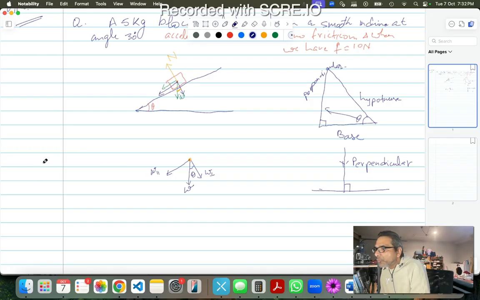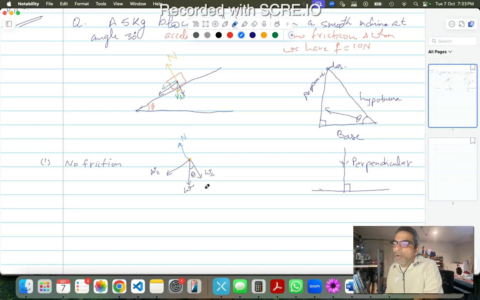Then there is a normal force which is equal and opposite to the component which is not helping in the movement at all, because there is no such movement upwards, so that should be equal.